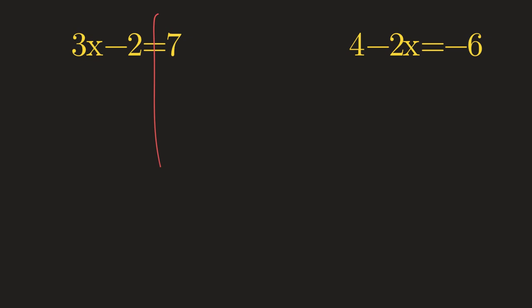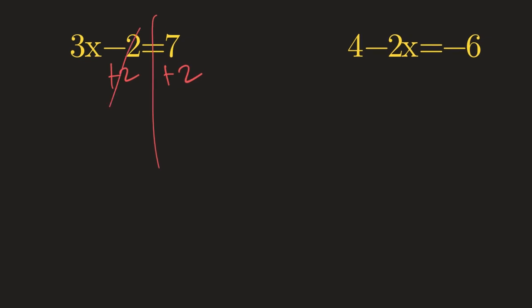I agree, because that 2 is being subtracted. That is 3x minus 2. So let's go ahead and let's add 2 to both sides. We're going to balance the equation. Negative 2 plus 2, gone. You are left with 3x. 7 plus 2 is 9.